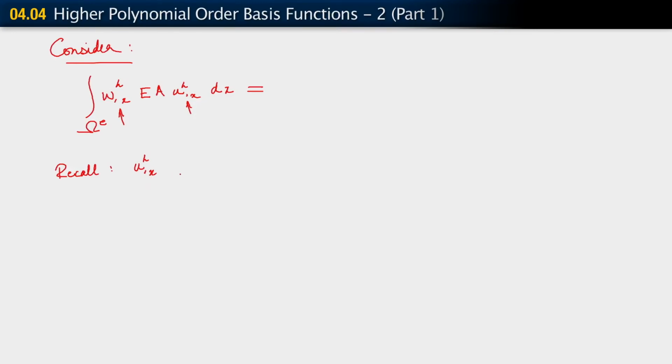So I'm just going to write it as uh comma x. This is sum A going from 1 to the number of nodes, but we are working with quadratics here, so we have A going from 1 to 3, NA, and just as we did before, we are going to calculate this gradient by taking the gradient of the basis function. And a similar sort of expression for the weighting function.